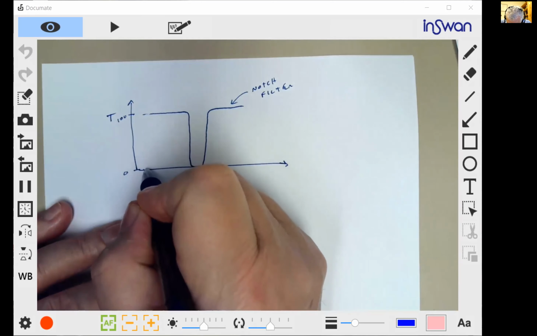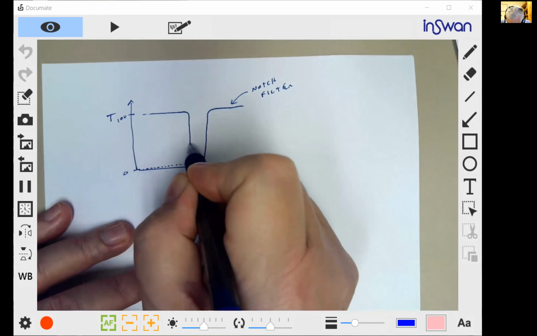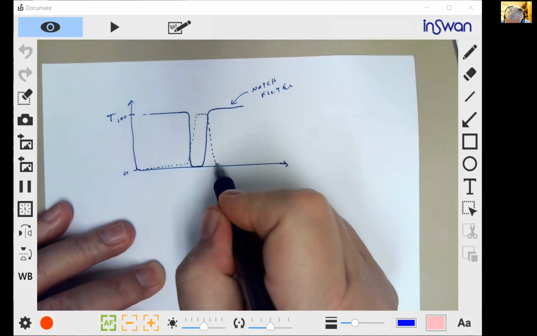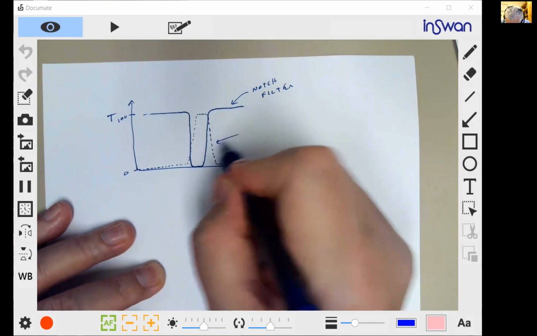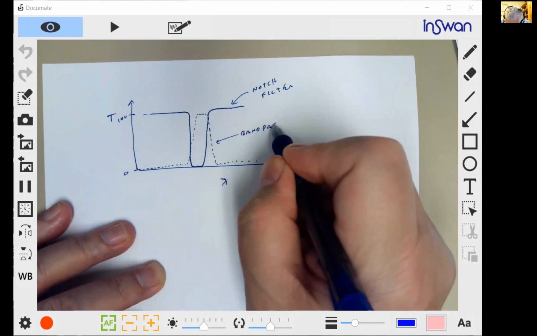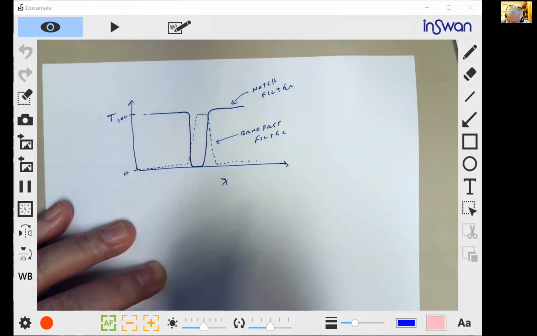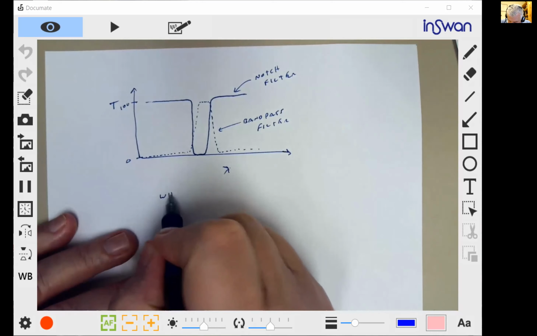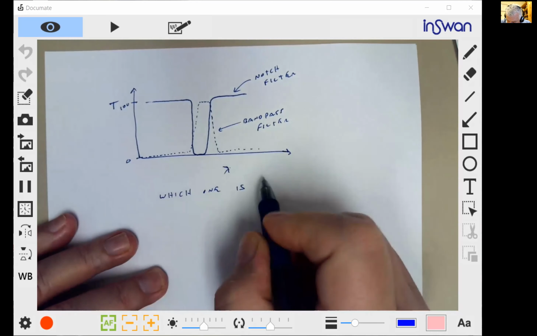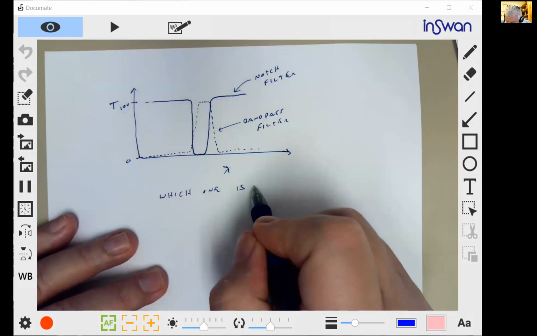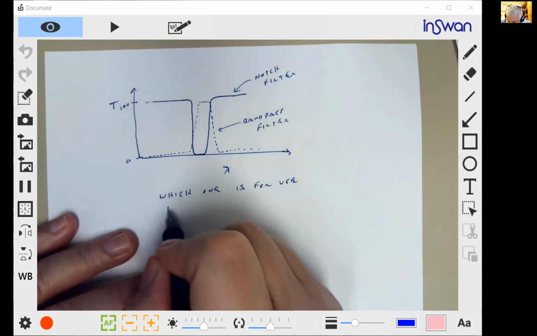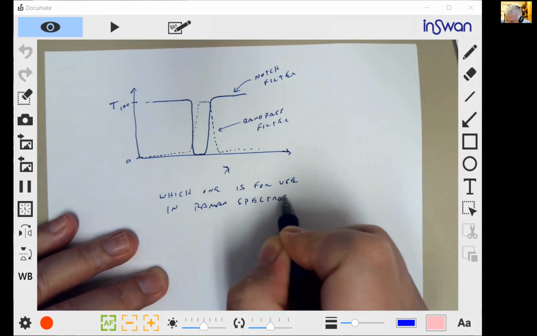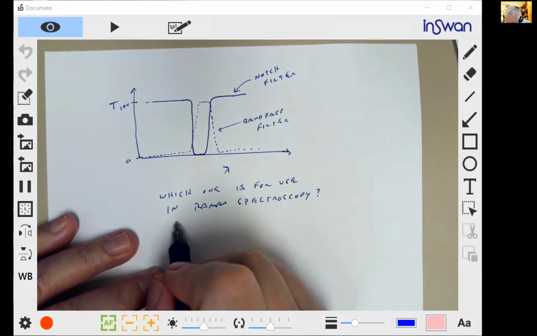And you can also have a bandpass filter which does the opposite, right? And my question for you guys is, which one is for use in Raman spectroscopy, and why?